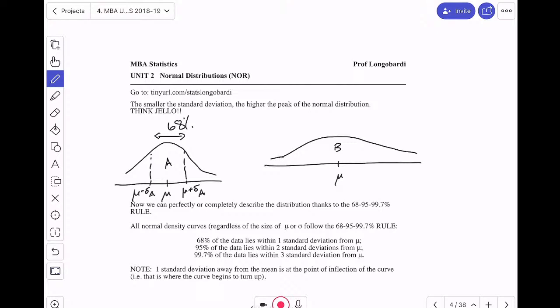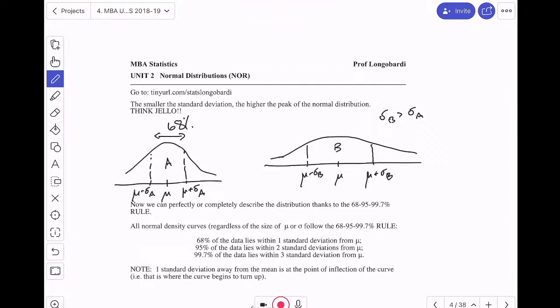So what does that mean about sigma B? It means sigma B must be bigger than sigma A to make it more spread out, first of all. So maybe this would be sigma B. Everybody, I hope you're okay with my notation.